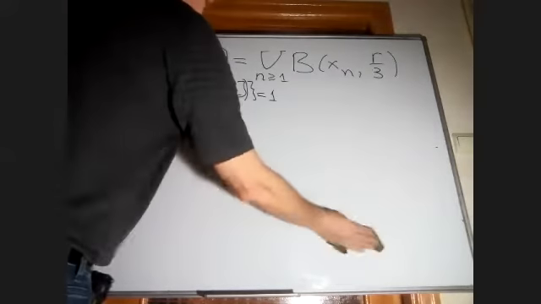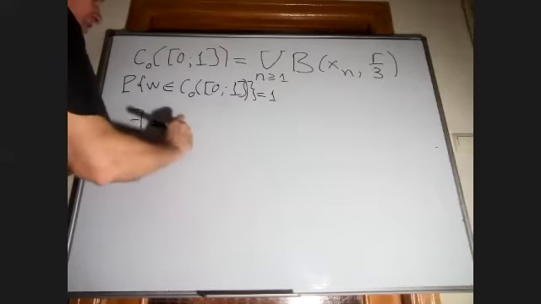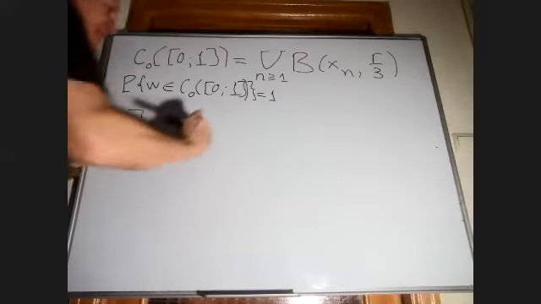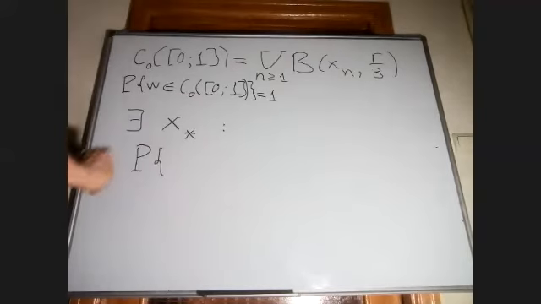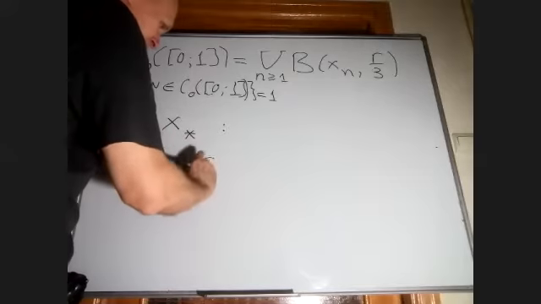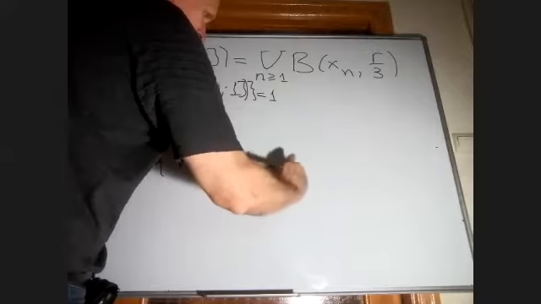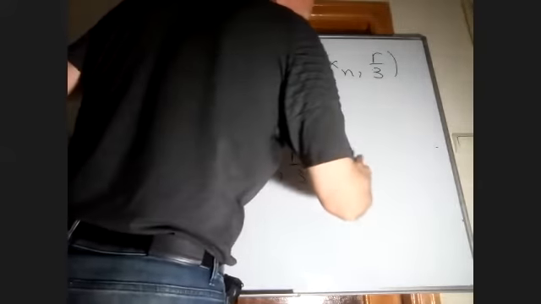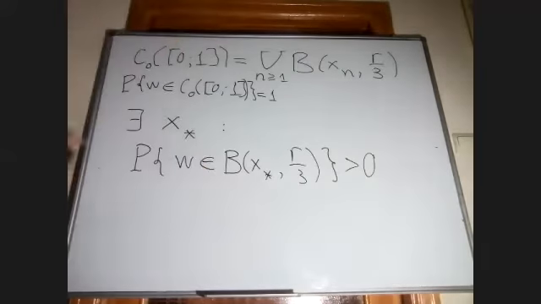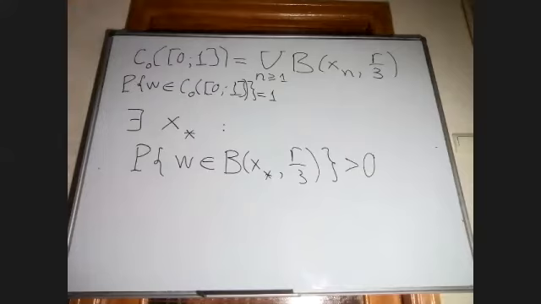So we understand now that at least one ball has a positive probability. So one can say that there exists a center x star such that the probability that W belongs to B(x star, r over 3) is positive. At least one ball exists. Now let's draw a formal picture where we will place two sets which we are discussing.